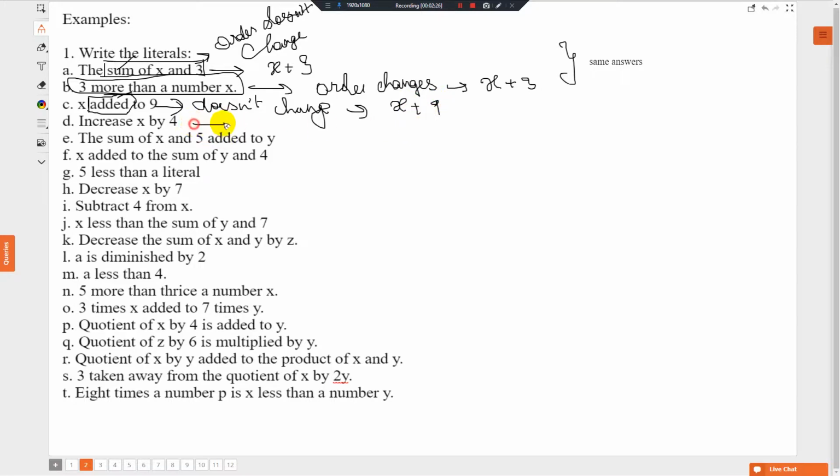Now see, increase x by 4. Here, does the order change when the word increase comes? It does not change. So the answer will be, increase is addition, so x plus 4.